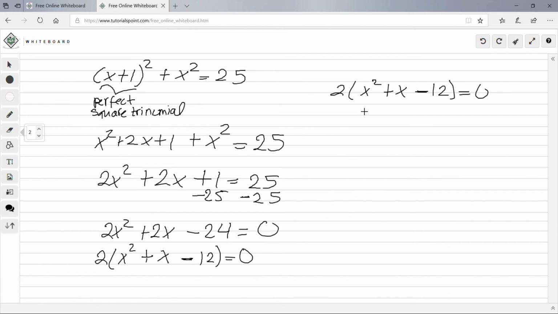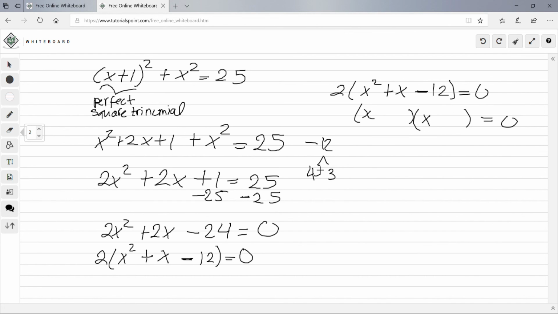So let's factor this part. Let's look at the negative 12. We need two numbers that multiply to negative 12 and add to positive 1. Can we try 4 and negative 3?